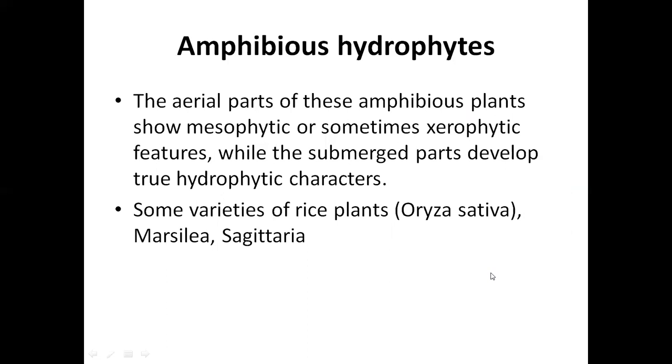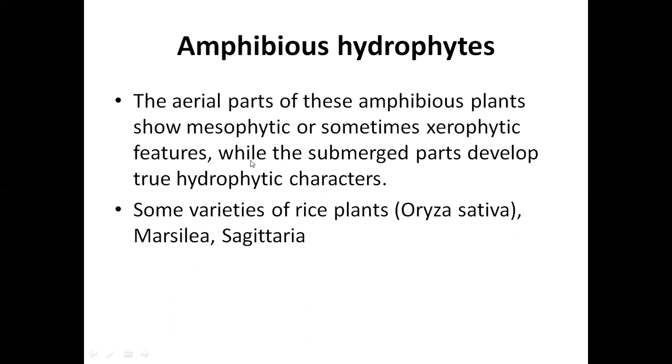And another category of hydrophytes is amphibious hydrophytes. As the name indicates, some parts of the plant are aerial and some are submerged. The aerial parts of these amphibious plants show mesophytic or sometimes xerophytic features, while the submerged plant parts develop true hydrophytic characters.